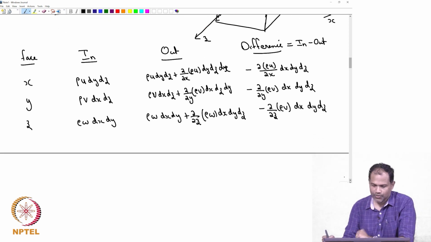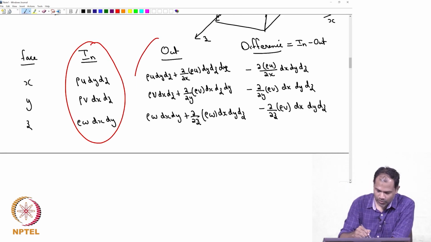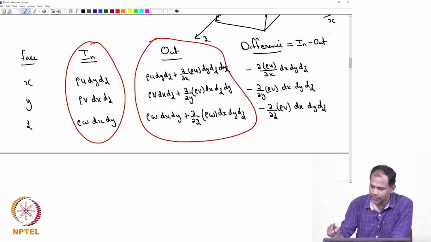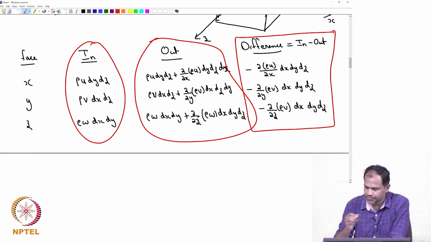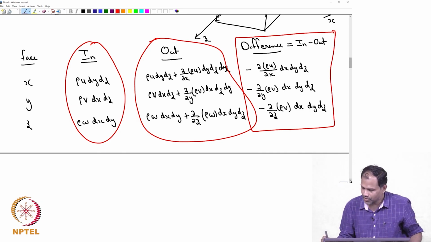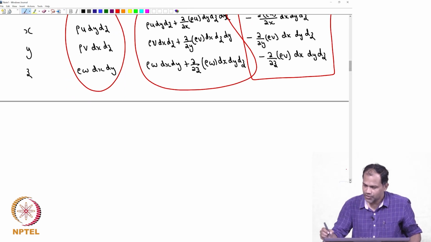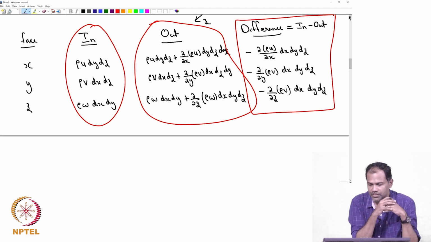Okay. So, this was the quantity that entered, this is the quantity that was leaving the fluid element, and therefore, this is the difference. Now, if you have gotten the difference, what can you say about it?